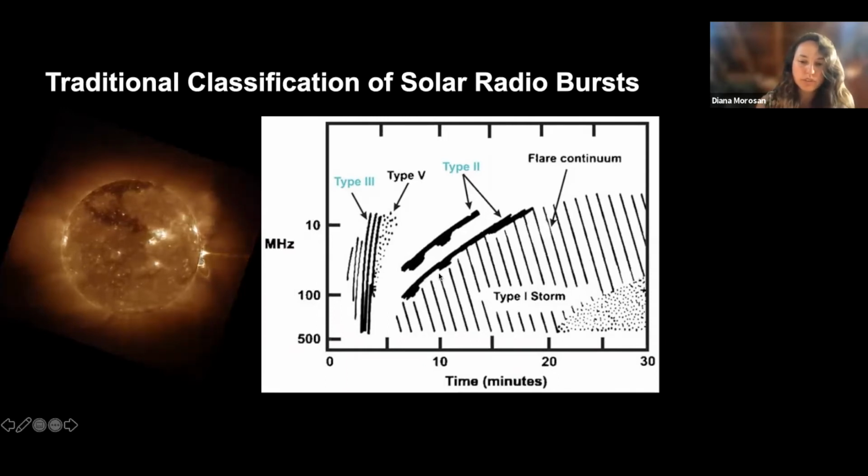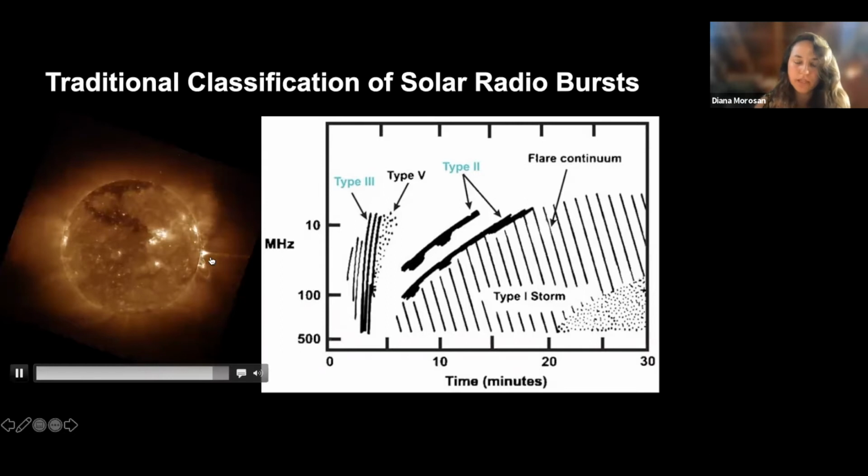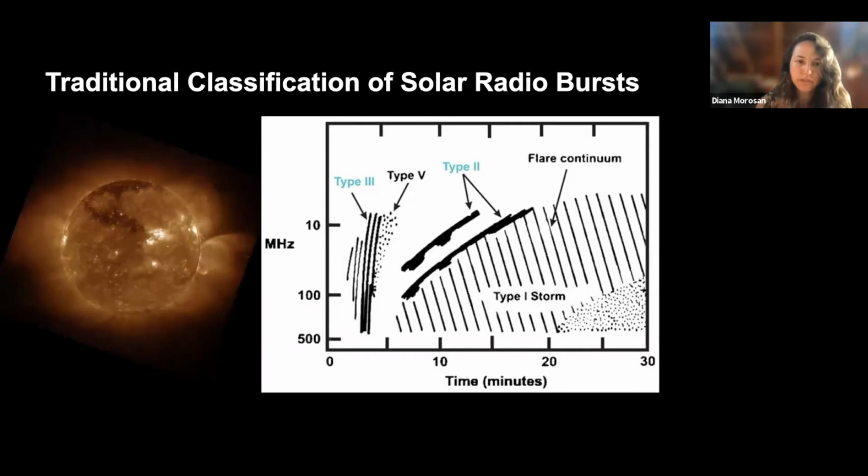And that's called the type 4 radio burst. Here it's labeled as flare continuum. And this broad emission covering a wide band can also occur in the absence of flares and CMEs when it just accompanies these active regions here. And it's a type 1 noise storm. And I'll show you an example of this now.